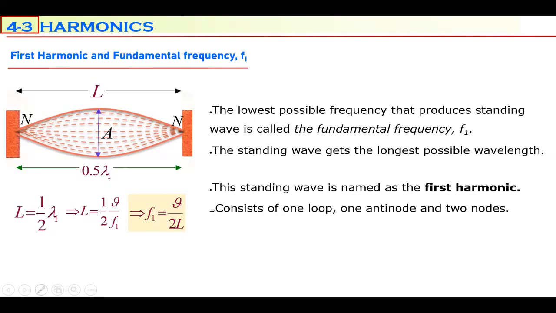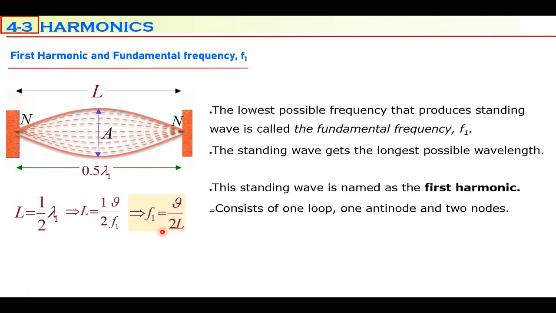How do we know that? Because from node to next node, the separation is half a wavelength. So the length of the string is equal to lambda over 2. And lambda is equal to v divided by f, from the speed equation. If you cross multiply, you get the equation for calculating the fundamental frequency, which is v over 2L.